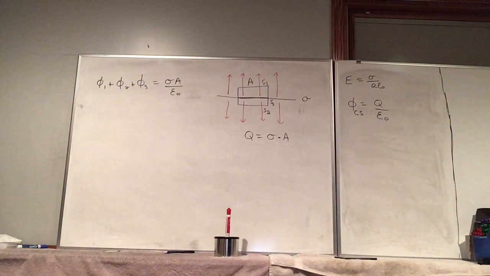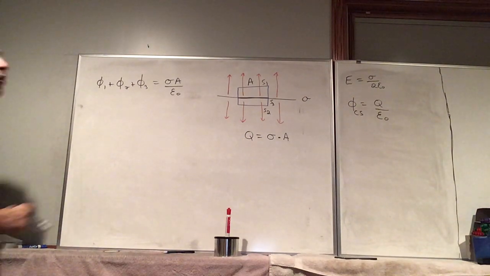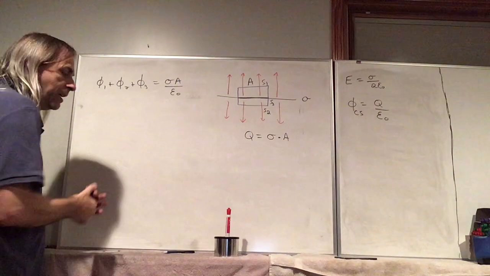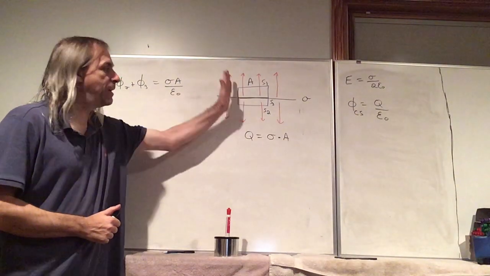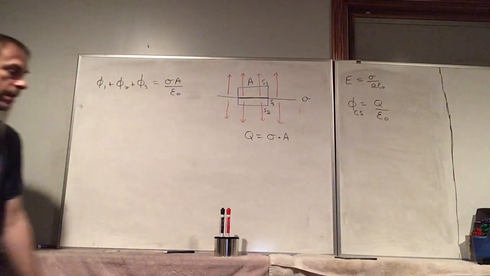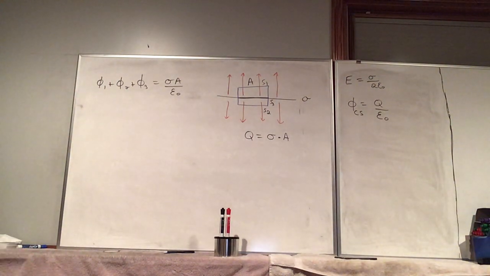Now, the flux through surface 1. So again, say this is our electric field. We know it's perpendicular to the surface. Our area vector is, by definition, a normal vector. It's perpendicular to the surface.